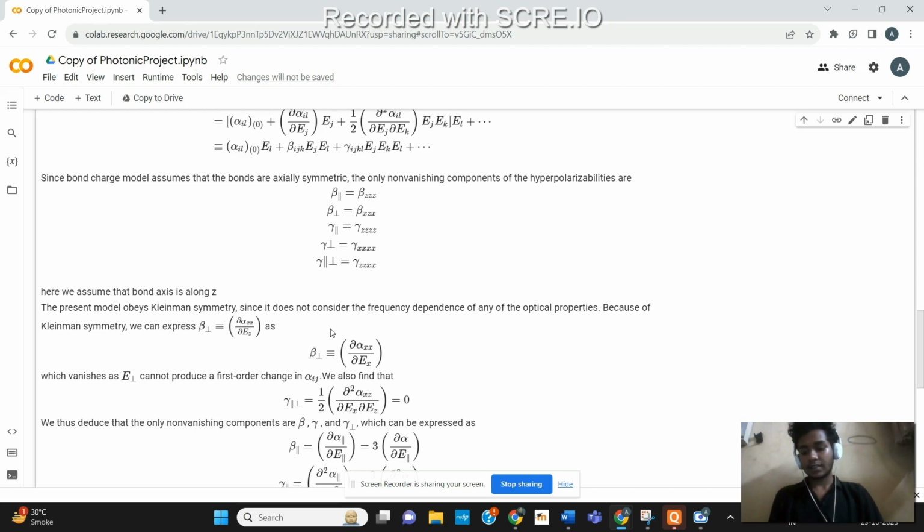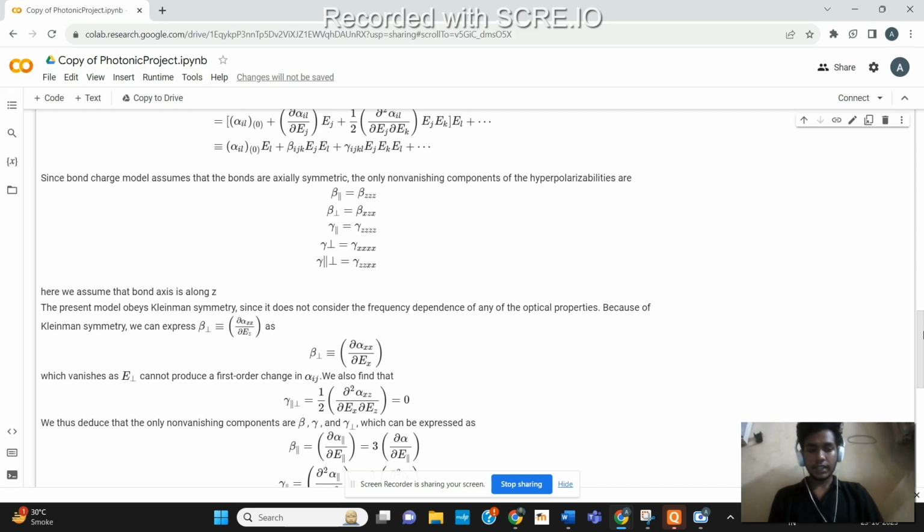Because of Kleinman symmetry, we can express β-perpendicular, equivalent to ∂αxx by ∂Ex, which vanishes as E-perpendicular cannot produce a first order change in αij. We also find that this quantity will be equivalent to 0.